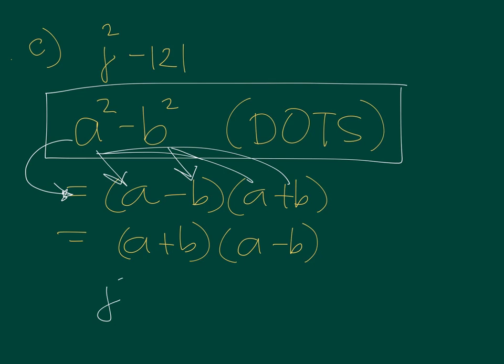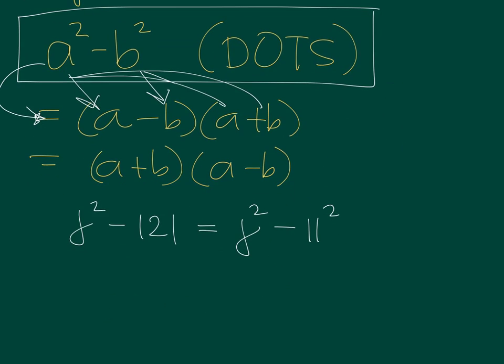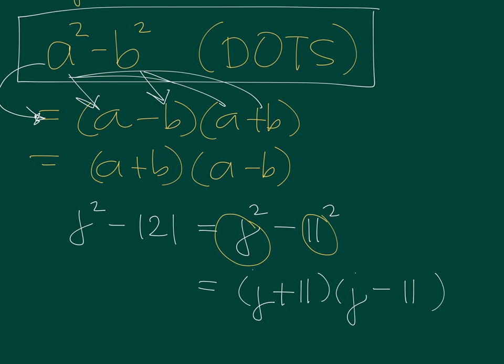J squared minus 121 is the same as j squared minus 11 squared. So this is equal to j plus 11 and j minus 11. See, that's your a and this is your b. So that's j plus 11 and j minus 11. The difference of two squares.